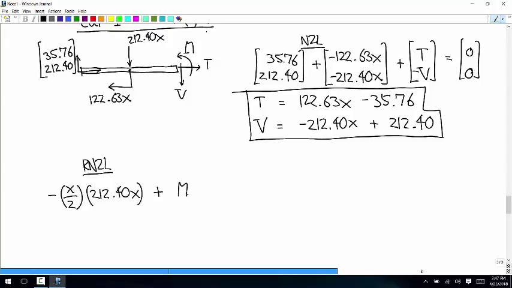And then plus M minus Vx is equal to 0. So M is equal to Vx plus 106.20 x squared.